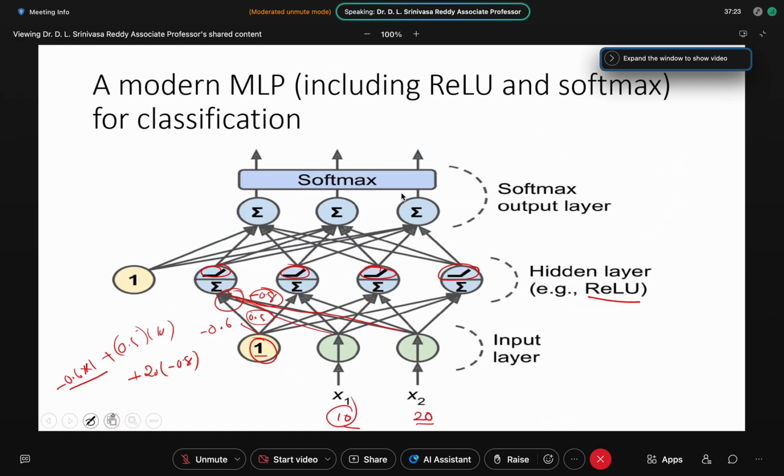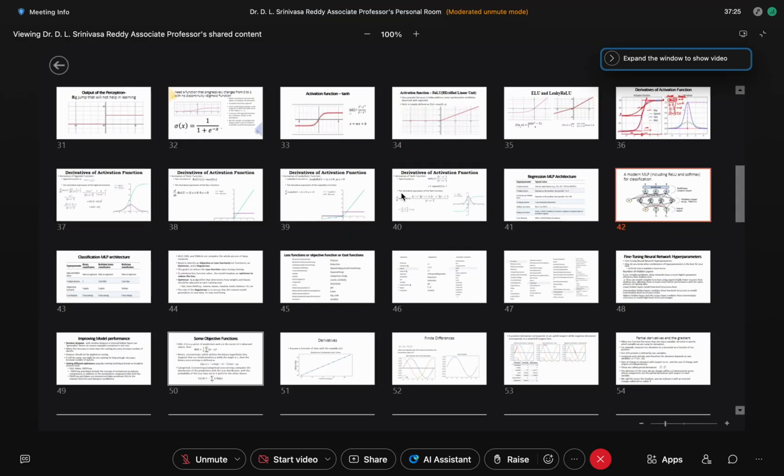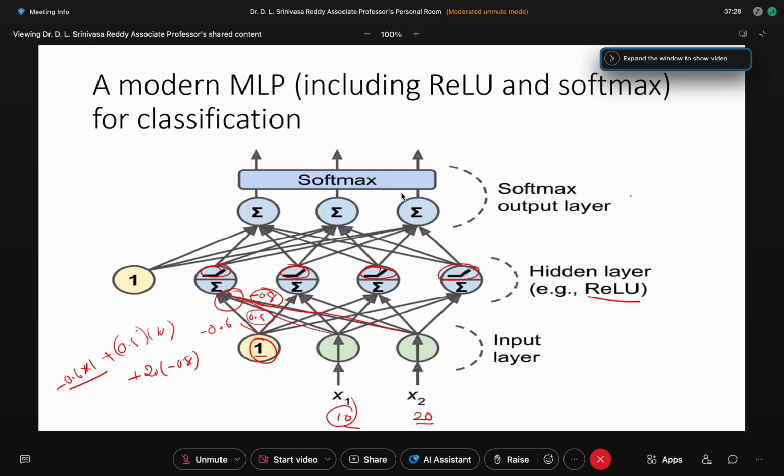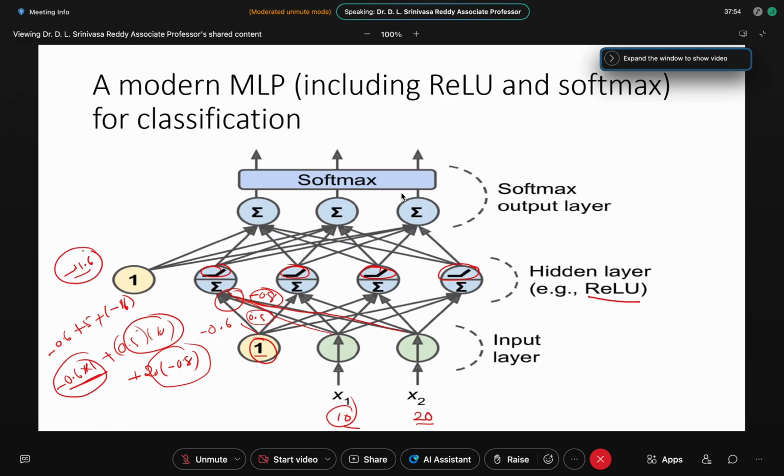Multiplying this, we get minus 0.6, plus 5, plus minus 16. Minus 16 plus 5 is minus 11, and minus 11 minus 0.6 gives minus 11.6. So what will be the output from this one?